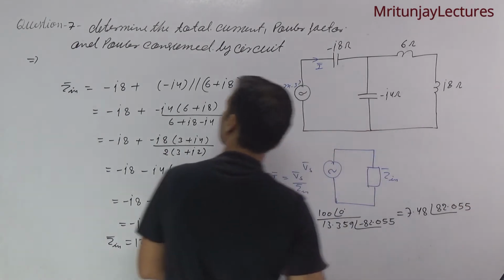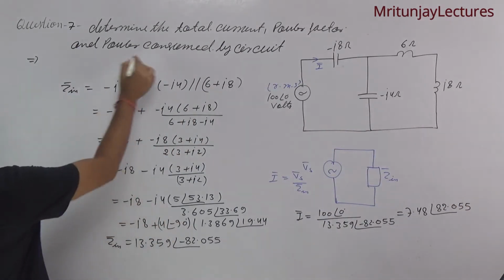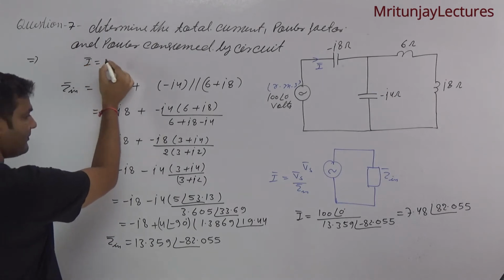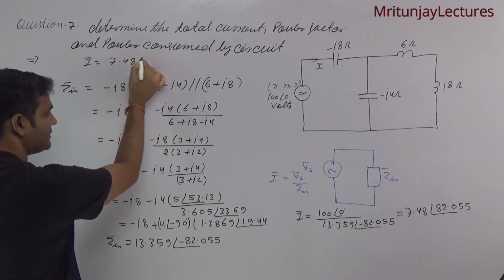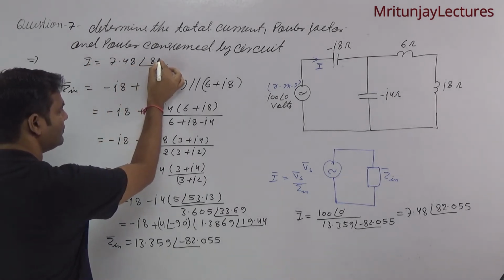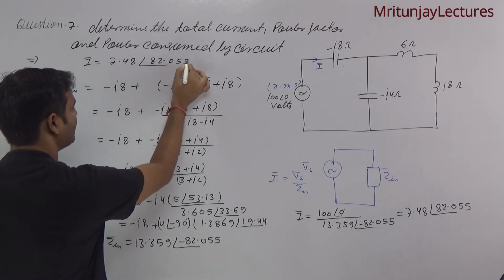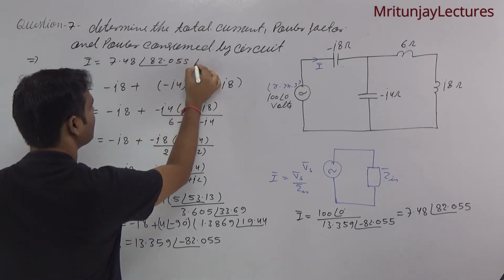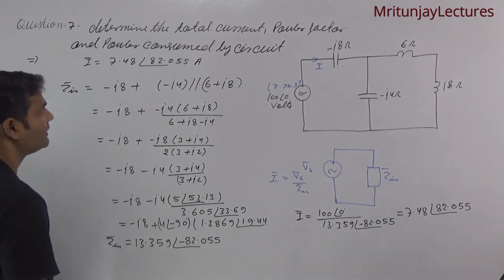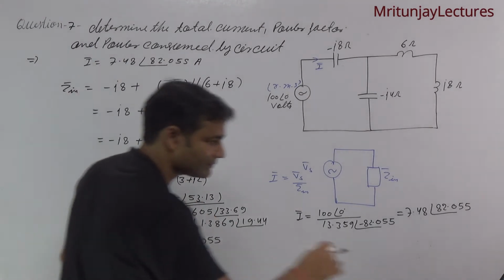Clear? So the first question is answered. What about total current? Total current is 7.48 at the angle 82.055 ampere.